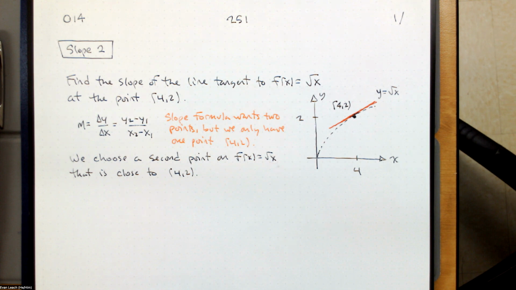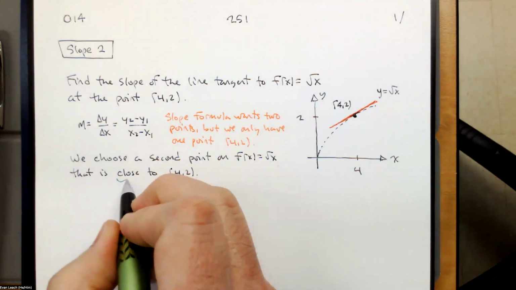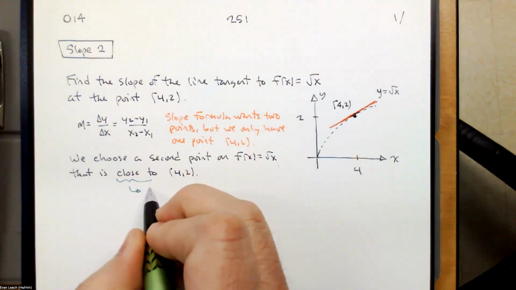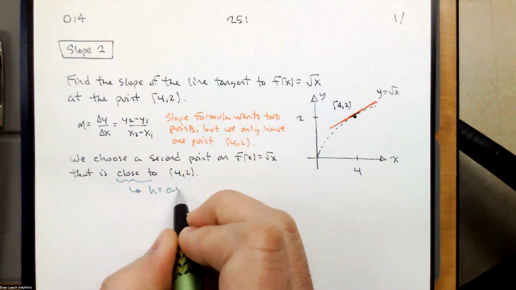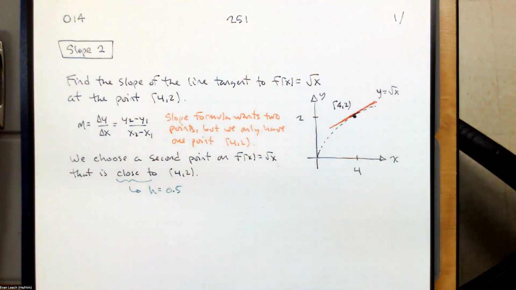And then yesterday on the handout, I defined different close-to's. So h is equal to 0.5. That is, look at what's going on at 4.5.